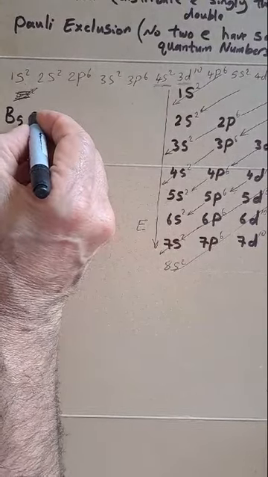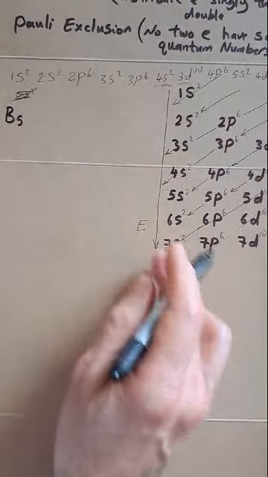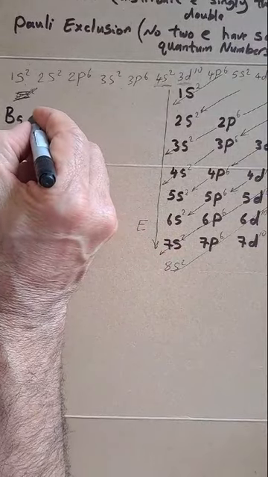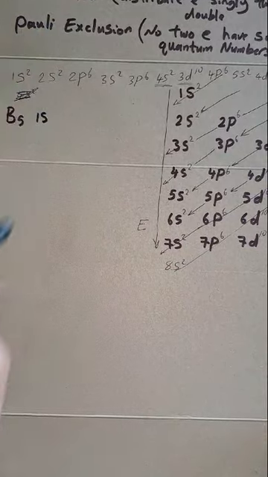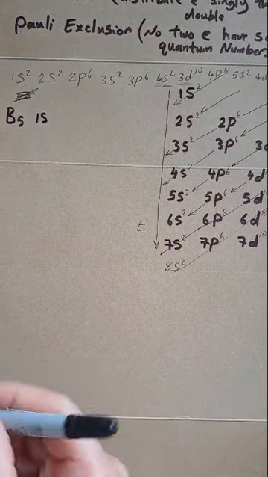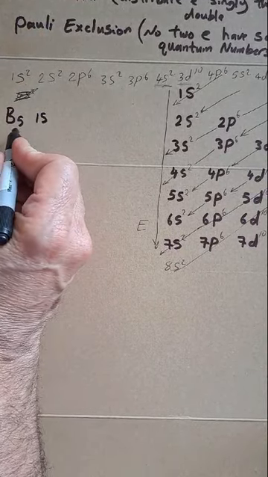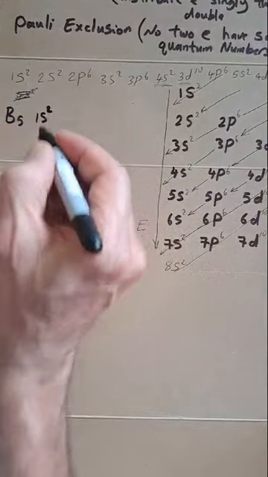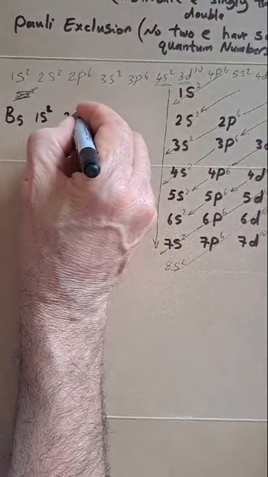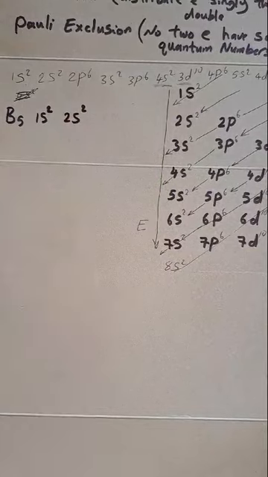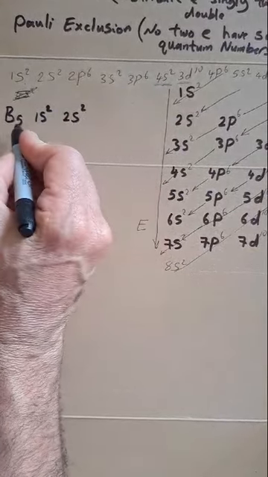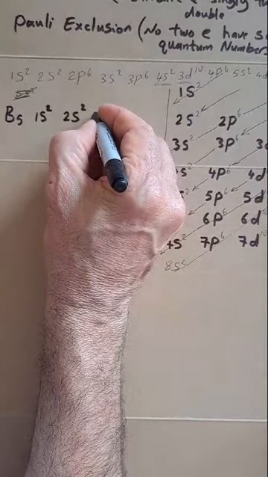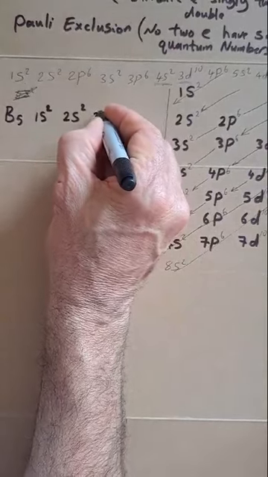You have to memorize it, and then you go with 1s2. This depends on the Aufbau principle. So we have 5 electrons, we put 2 in 1s2, and we have 2s2, and this is the number of electrons, 2 and 2, 4. 1 is remaining, we put it in 2p1.